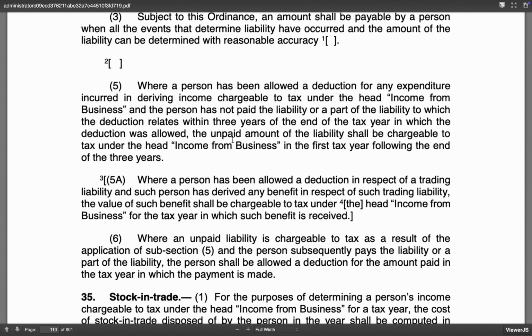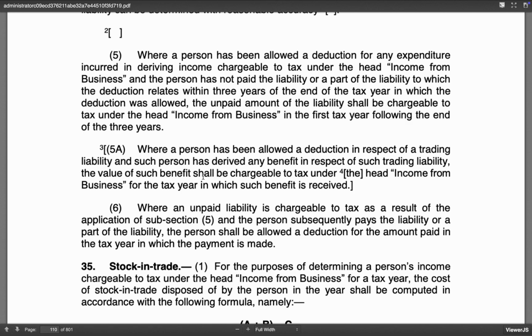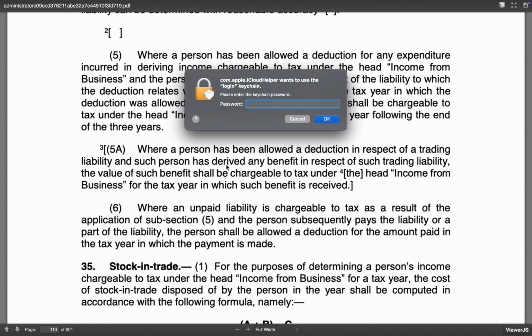But here people misuse that in the sense that they create fictitious expenses and corresponding fictitious liabilities which remain unpaid for many years. So to discourage that and to catch such people who want to evade taxes or avoid taxes, this section has been given in.